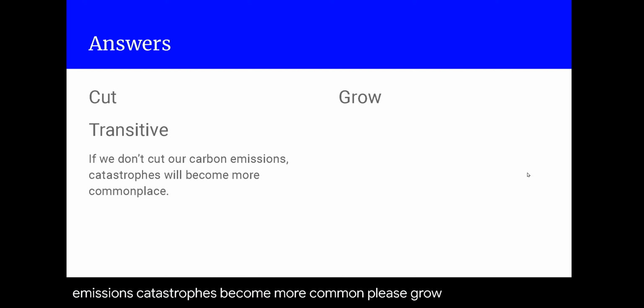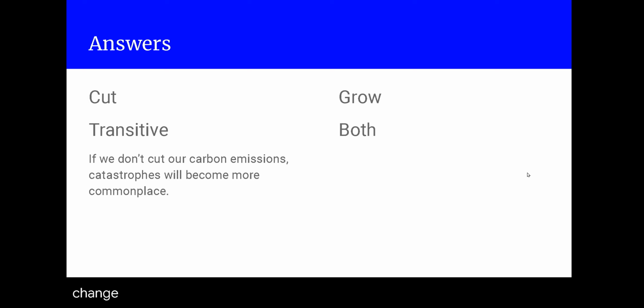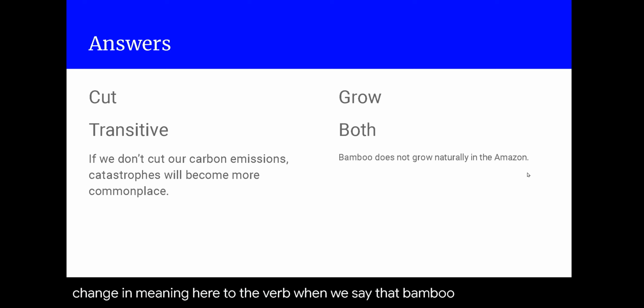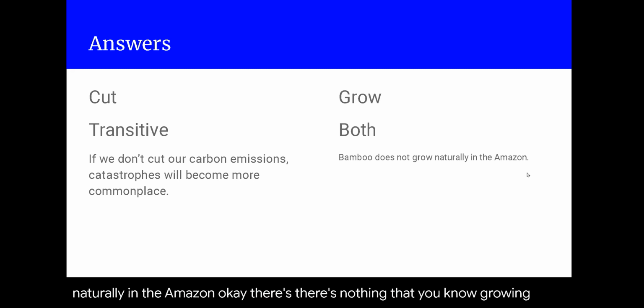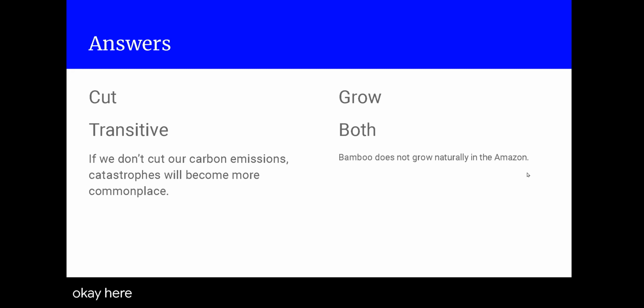Grow. What do you think? Transitive, intransitive, or both? Well, it is both, but there's a subtle change in meaning here to the verb. When we say that bamboo does not grow naturally in the Amazon, grow means to live.